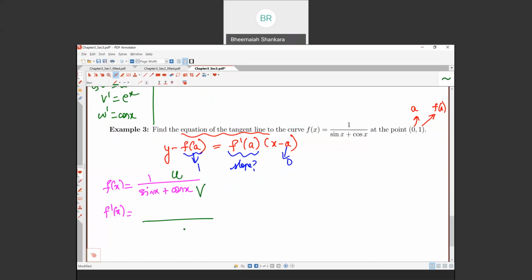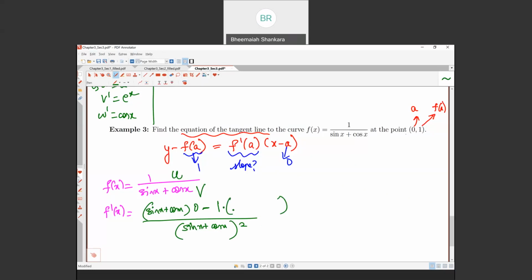Square the denominator, which is sin x plus cosine x, the entire square, and then start with the denominator, which is sin x plus cosine x. v u prime is the formula, so derive the numerator, you have 0. Negative, start with the numerator, derive the denominator.